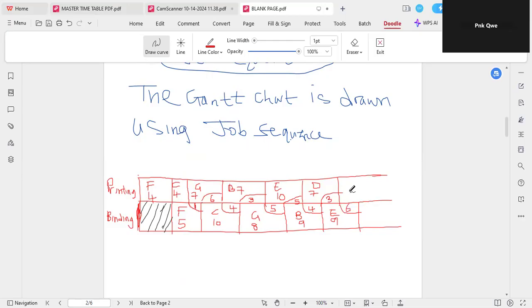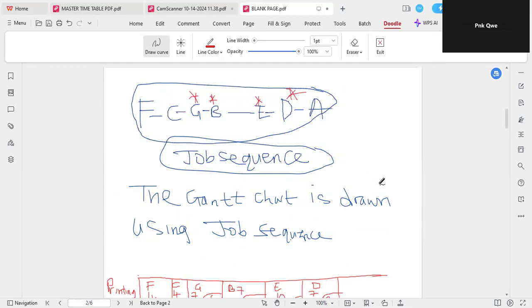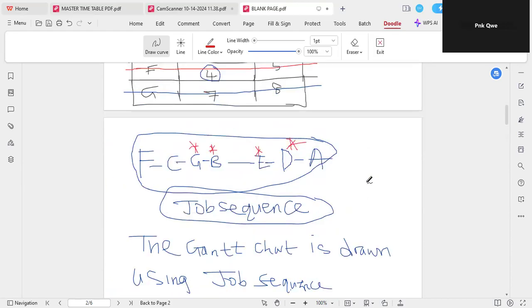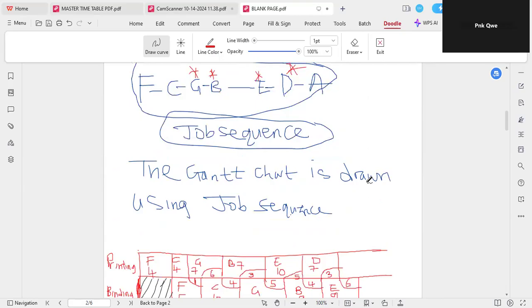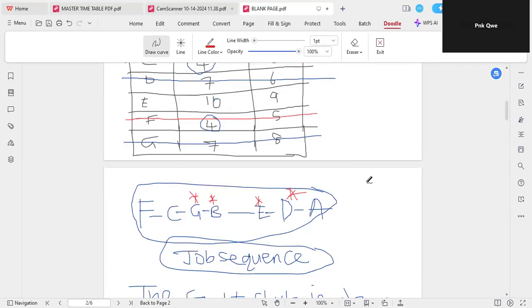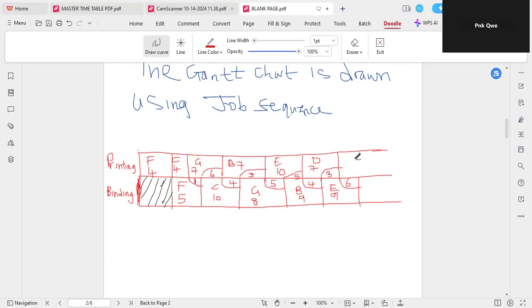Okay. Then by the time we are finishing binding E, what was going on? Here they would have started printing A. Printing A is taking 15, meaning that this would have taken 9 hours longer.